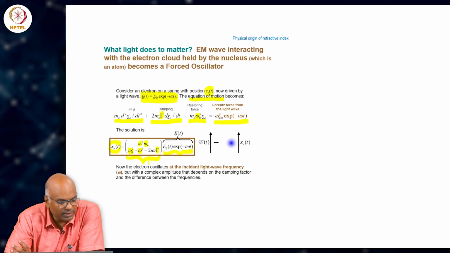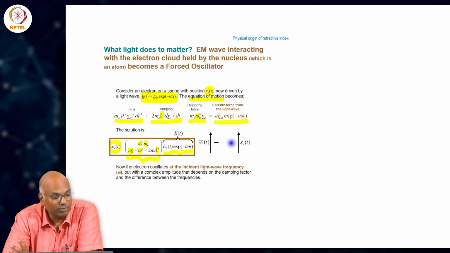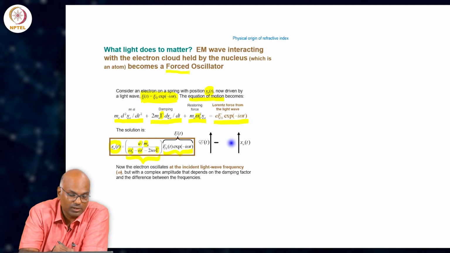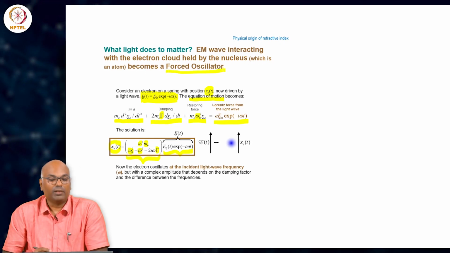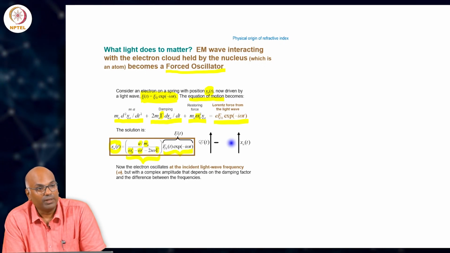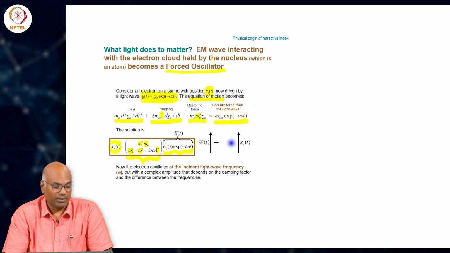So, it is simply written down as a forced simple harmonic oscillator. It is a simple harmonic oscillator with damping and a driving force or a driving field. We may call it a forced oscillator if we wish.